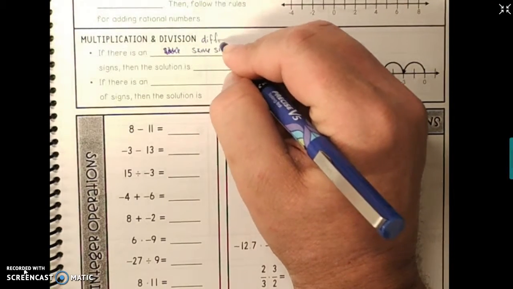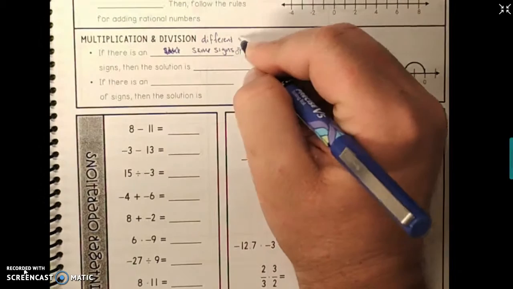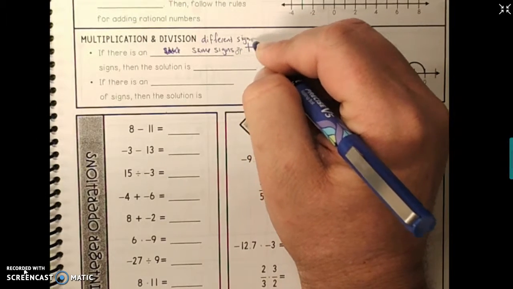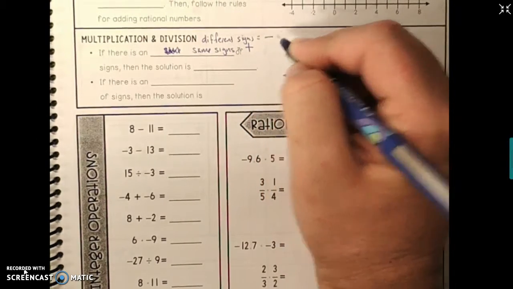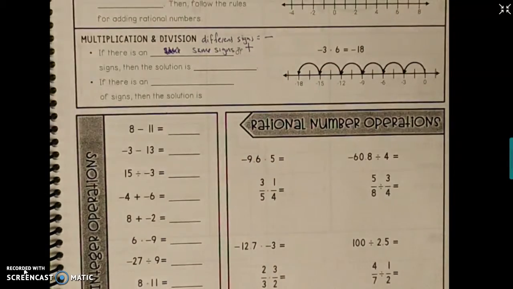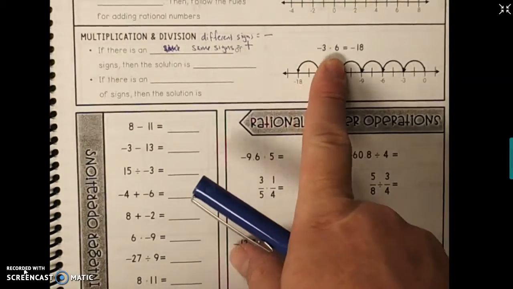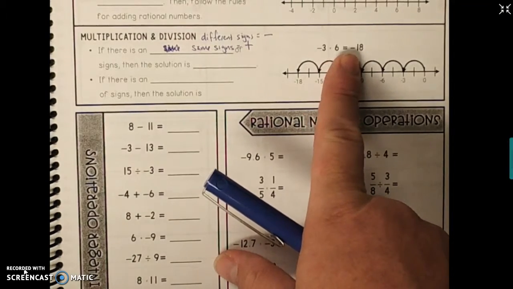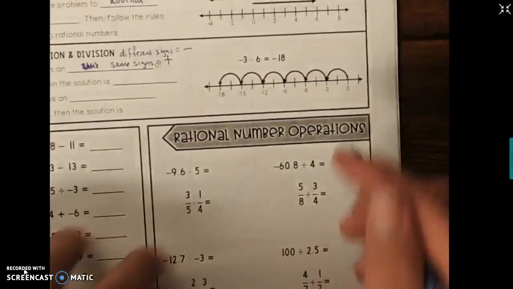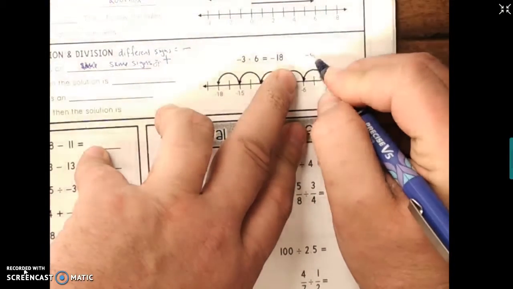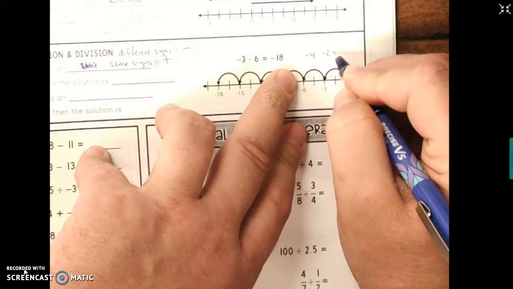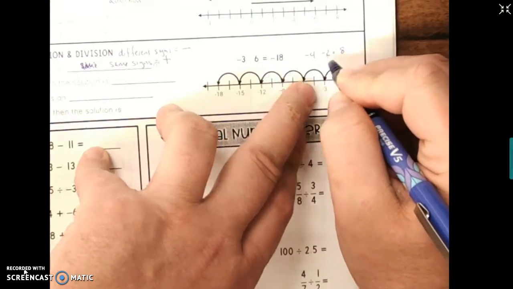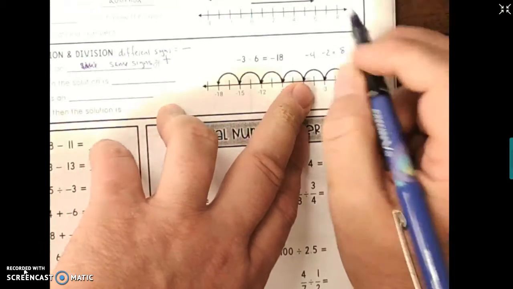Different signs equal negative answers. And that is always true. -3 times 6: 3 times 6 is 18. They're different signs, so our answer is negative. -4 times -2: 2 times 4 is 8. They're the same sign, so it's a positive value.